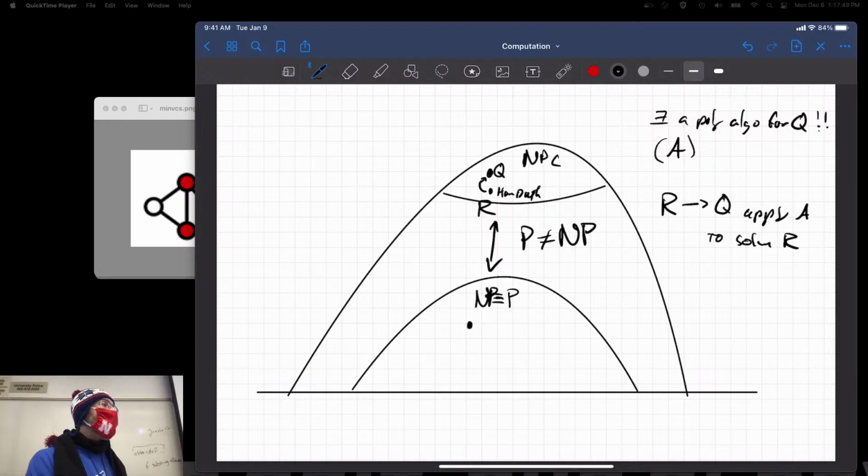But there are lots of barriers, lots of roadblocks that people have come up with over the last 40 years. To show that there's a separation, you have to overcome the relativization barrier. You also have to overcome this other barrier. There are at least 3 that I know of.